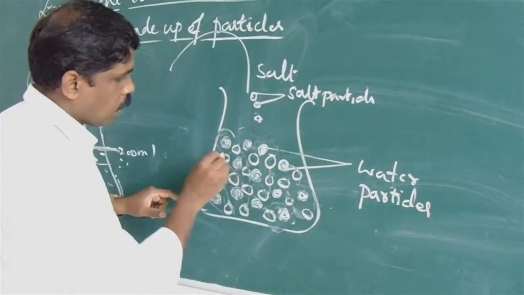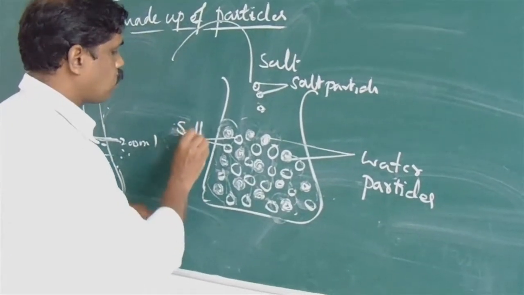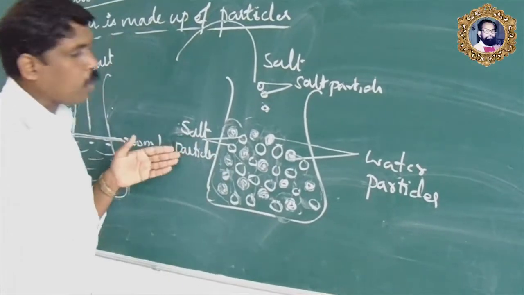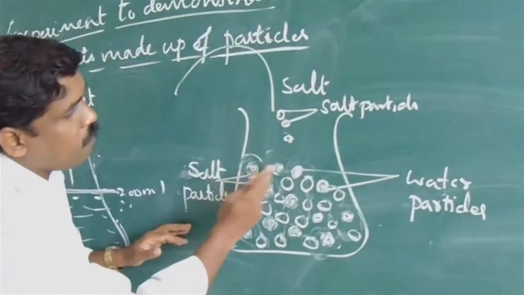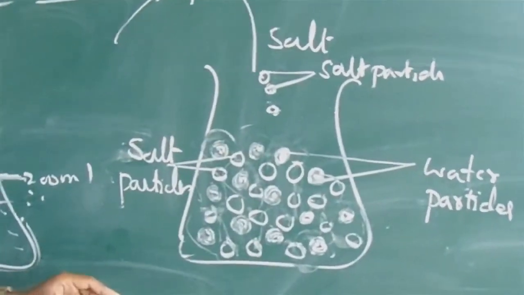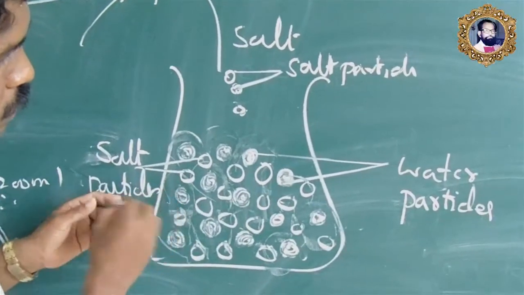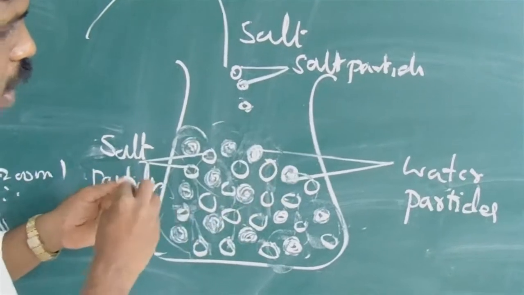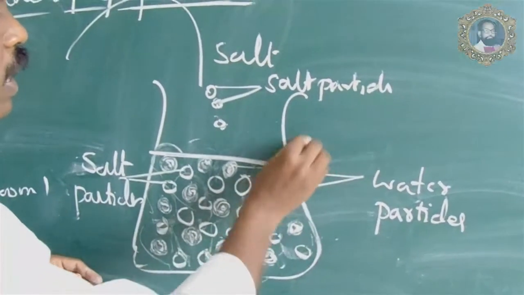So these are water particles, salt particles. These salt particles will get into the space between the particles of water. They occupy the space between the water particles like this. That's why the level of water does not increase.